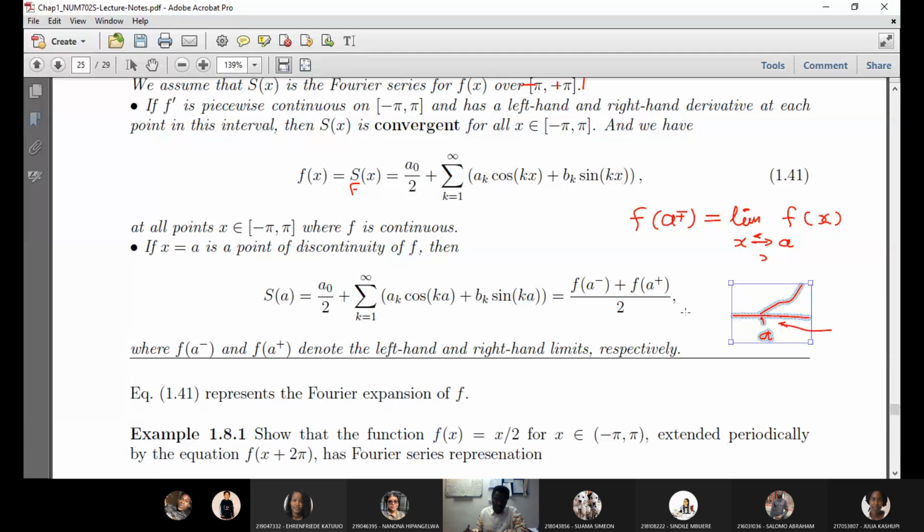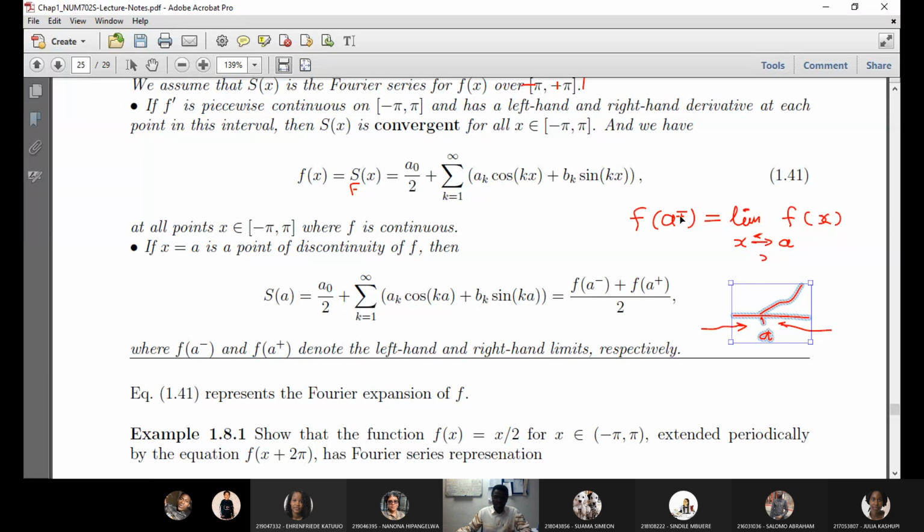Now, when x tends to a from the left, it's less, it's when you come like this. So this is the left limit, this is the right limit. And that's what we have here. Okay, so that's for the theorem.